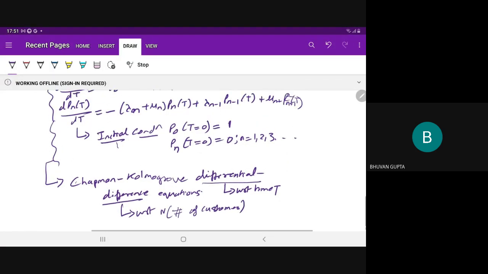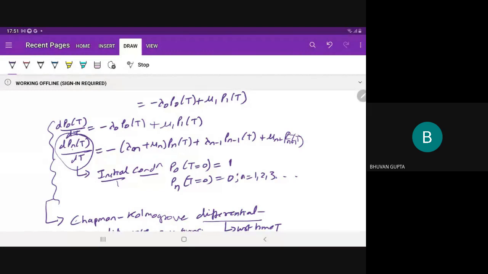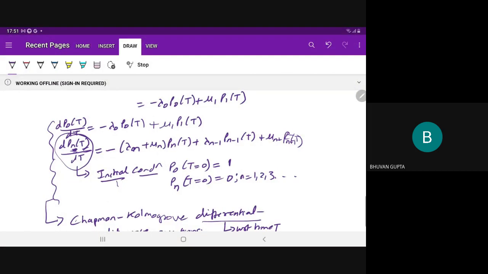That's why we are writing pn. dPn by dt means changes in n as well as in t. So that's why we call it a differential difference equation.